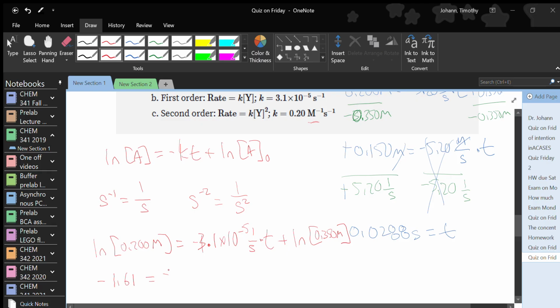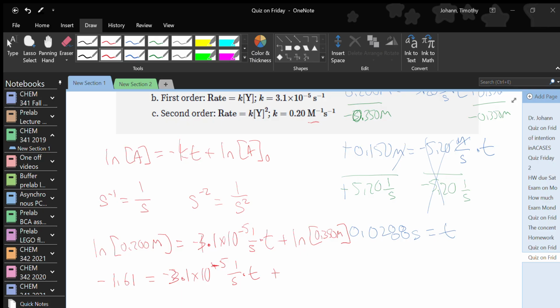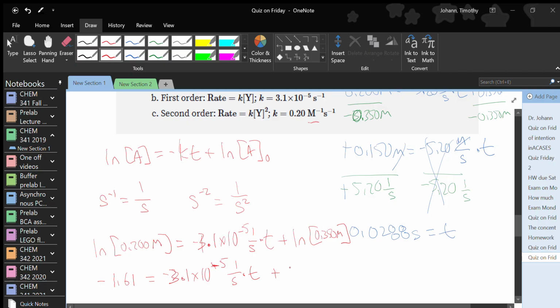On the other side, I've got 3.1 times 10 to the negative 5th, 1 over seconds, times time, plus the natural logarithm of 3.5, which gives me negative 1.05.